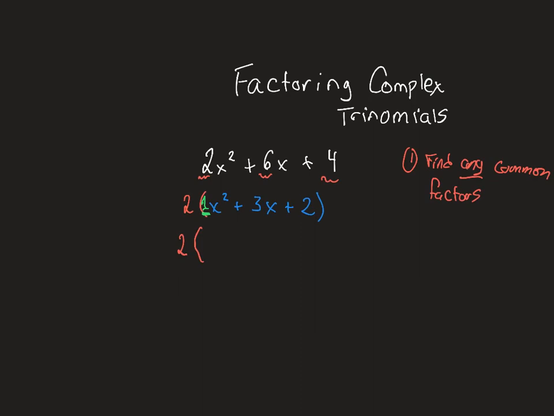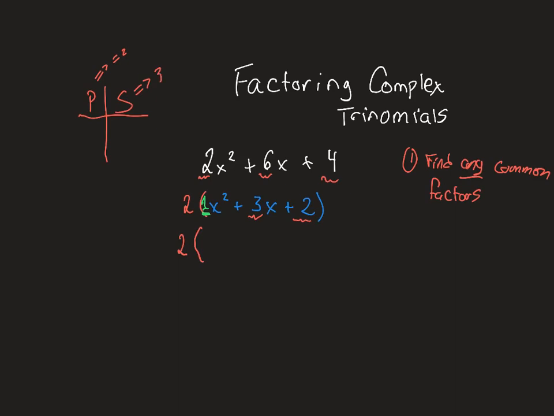And when we look at this case, let's do our product sum table. So we want numbers that multiply to give us 2 and add up to give us 3.